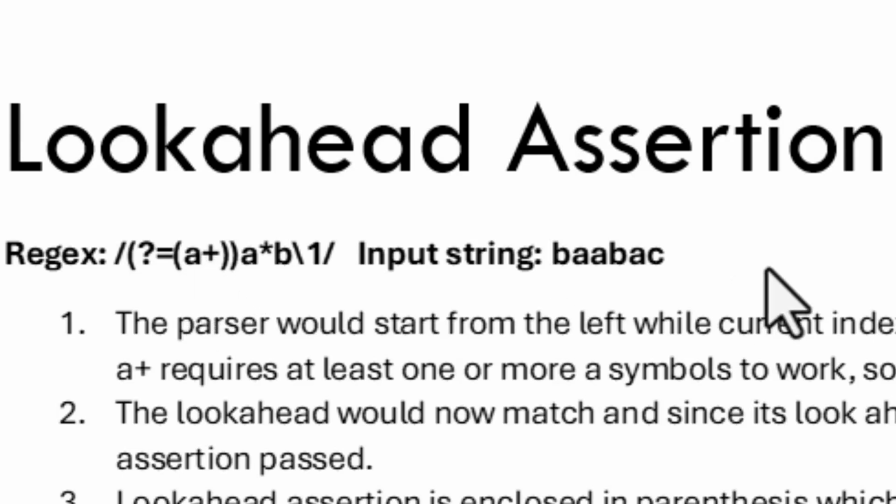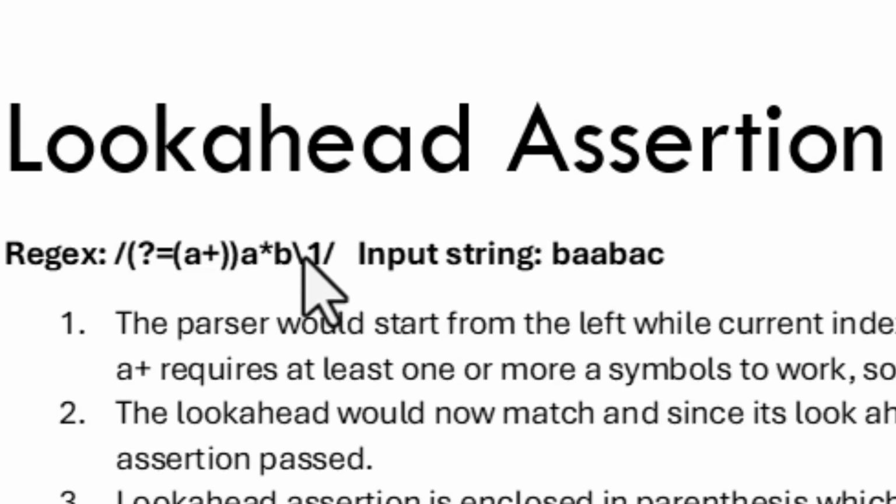So now the A+ at this stage is going to evaluate only to A, and after that the A*B portion is going to start from the current index, which is the value 2, and it is also going to find A and B, which is a match for A*B, because one repetition is totally fine, and then it finds B, so this portion matches exactly.